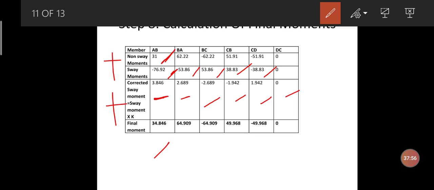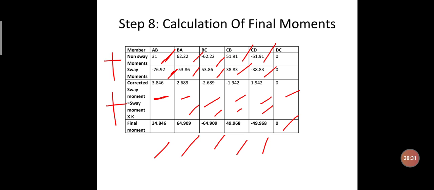Then 62.22 plus 2.689, it is 64.909, and minus 62.22 minus 2.689, so it is minus 64.909. Then 51.91 minus 1.942, it is 49.968, and minus 51.91 plus 1.942, it is minus 49.968, and then 0. So these are the corrected sway moments which I have got as the final moments.